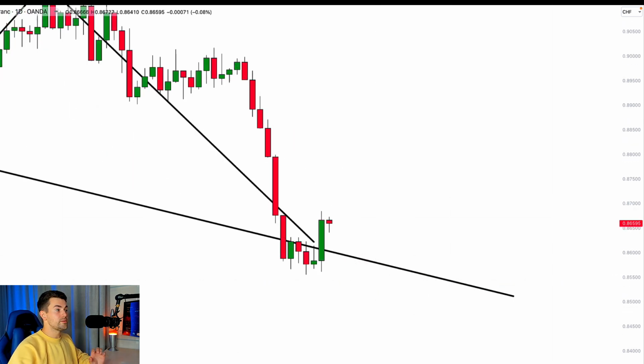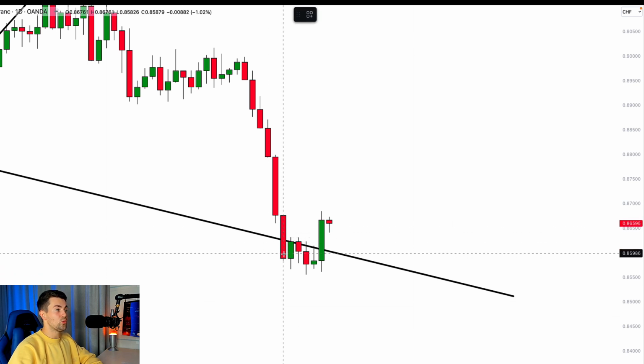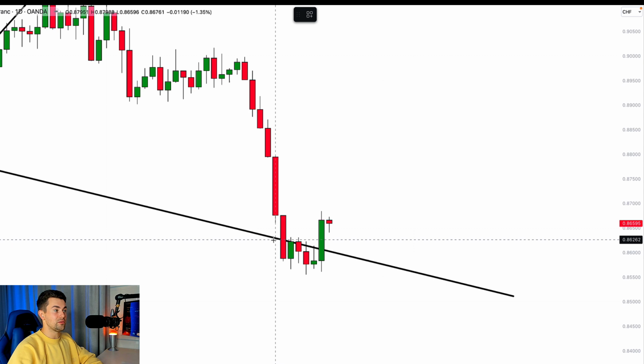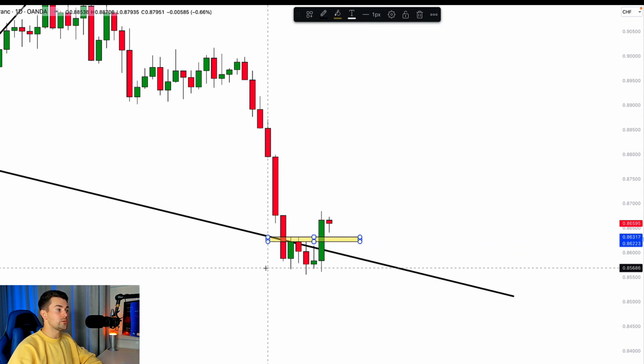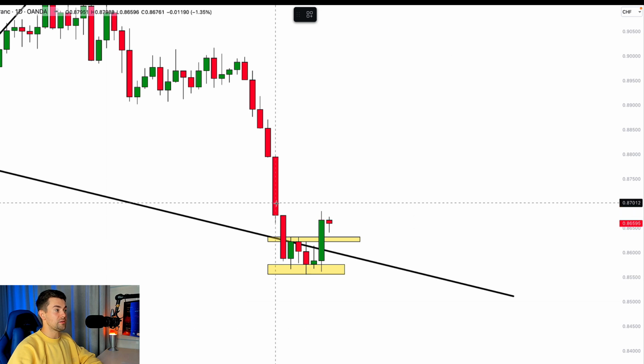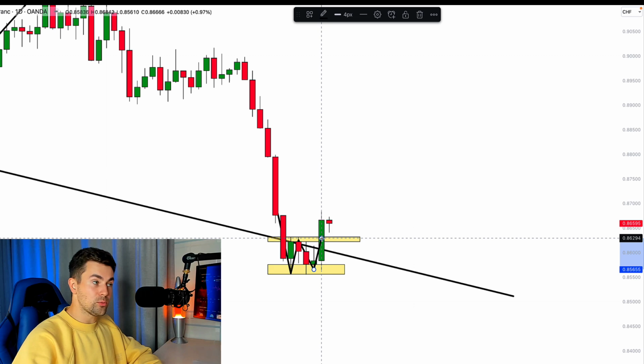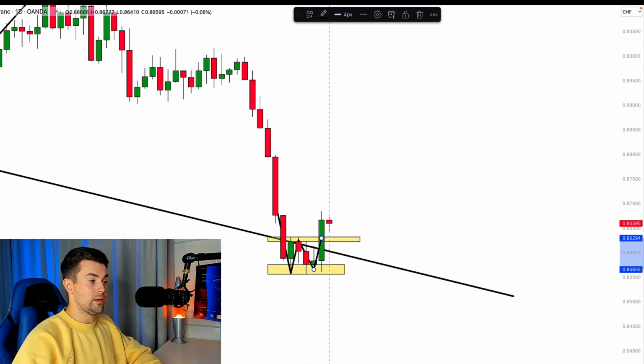Then if we zoom in the chart, here we can also identify the range. You can see that after the market violated the trend line to the downside, we started to trade within the range. And we can even see that here the price formed a double bottom pattern. And this week, an important thing happened.